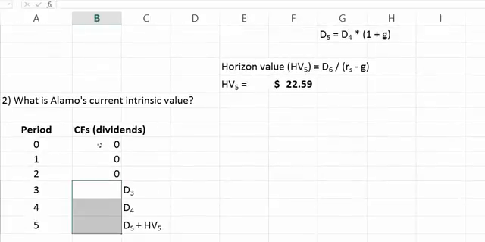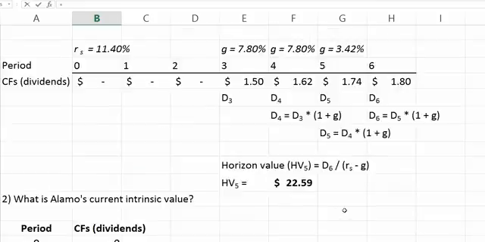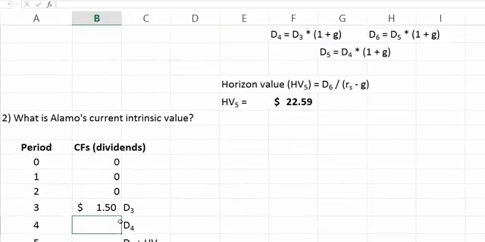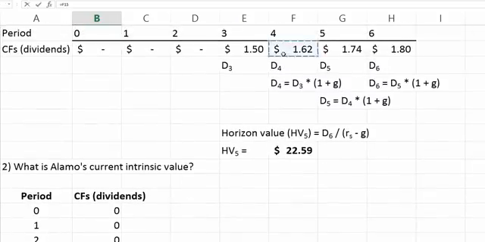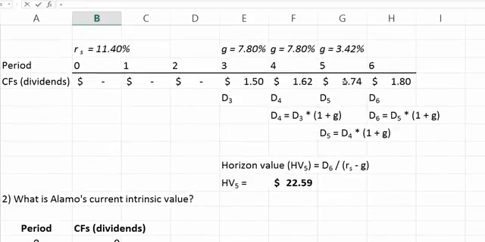So I do a small table here. We know that we don't collect any dividends in the first 2 years. Then we receive the $1.50, another one, 1.62, and finally here we receive the 1.74 D5, but also we collect the horizon value in year 5. That's why I'm adding them, because they are both in time 5, so we can add them.